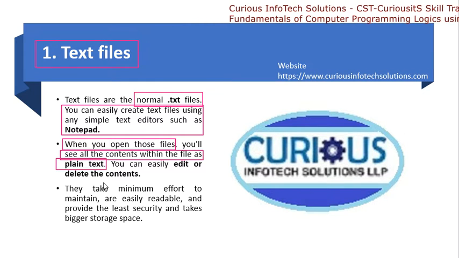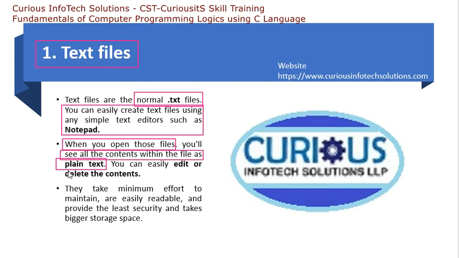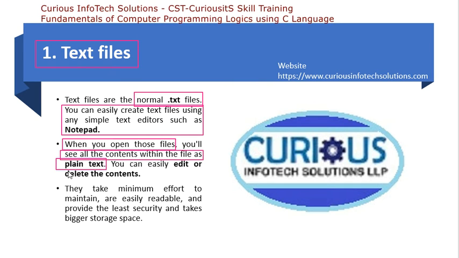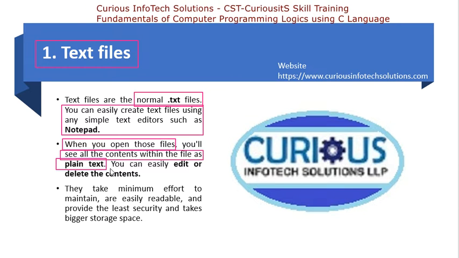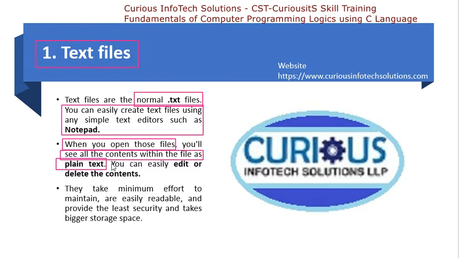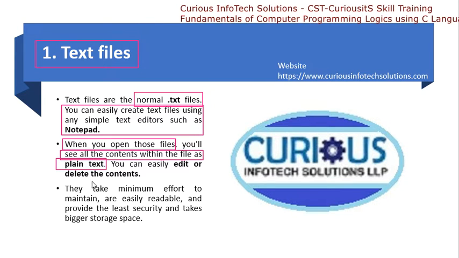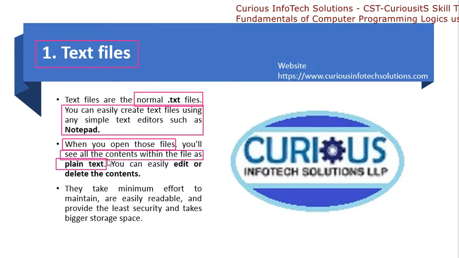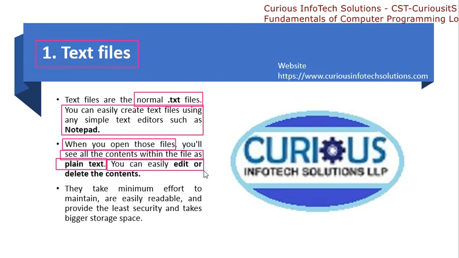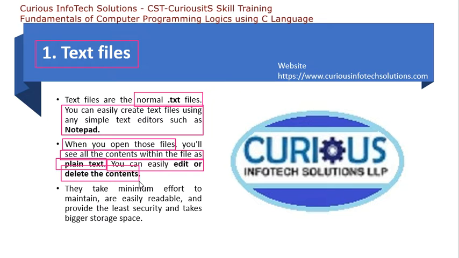As we understand in MS Office, there is MS Word in which if we want bold, underline, different types of fancy text, then whenever we save that text, it will require control text. But here we have plain text. It means we can easily edit or easily delete the contents.